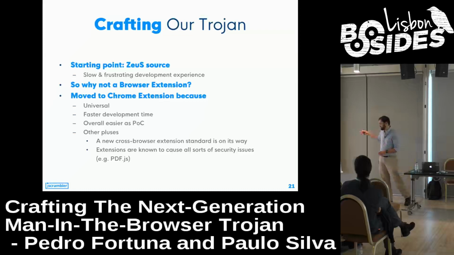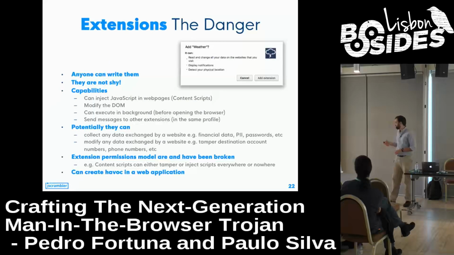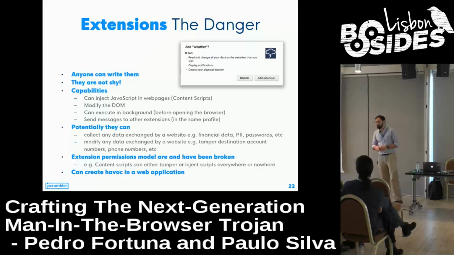PDF.js had cross-site scripting at an early stage, and we can get this also from Adobe extensions, so it's an interesting point. And if there's something interesting about browser extensions, and let me choose my words, they can read and change all your data on the websites that you visit. This is cool. Even if you just want to know the weather, the extension will read and change all your data on all websites you visit.